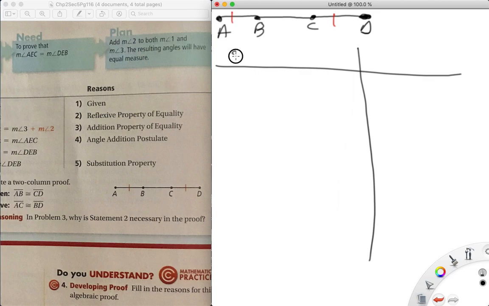I have my statement. I have my reasoning. My first line is always going to be my given, segment AB is congruent to segment CD. That is given to me.